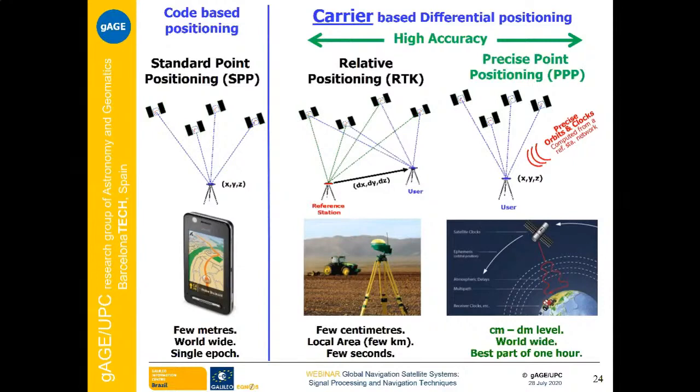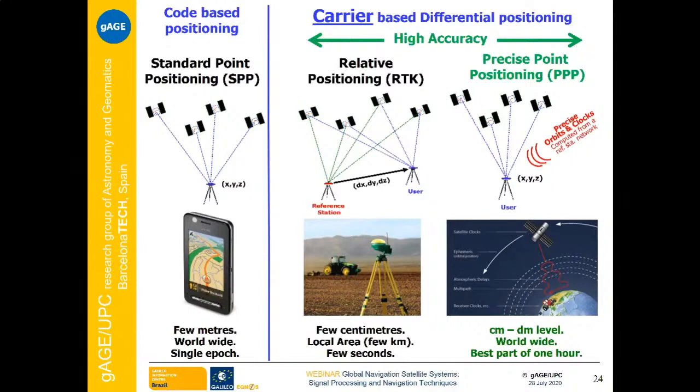Carrier-based differential positioning: the highest accuracy is in the relative positioning, where we can achieve centimeter level accuracy in a local area and quickly, in a few seconds. And in precise point positioning, there is no limitation of the region.